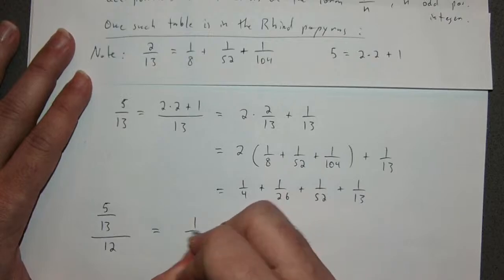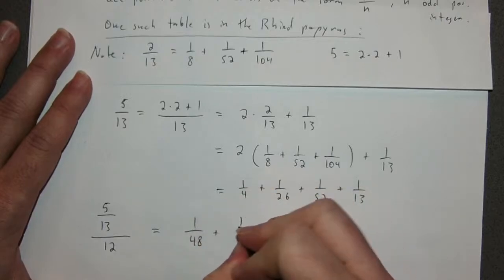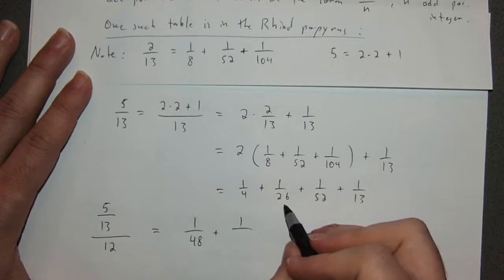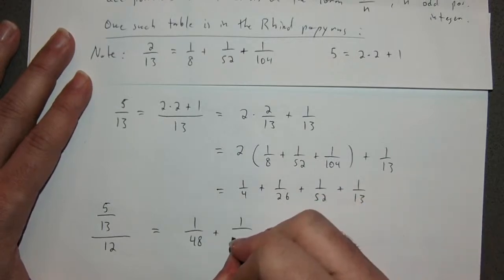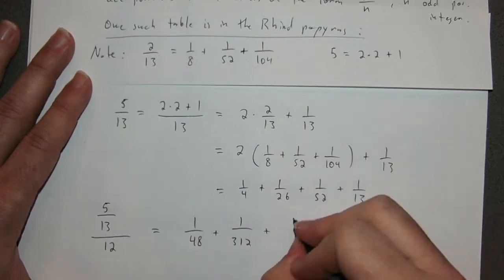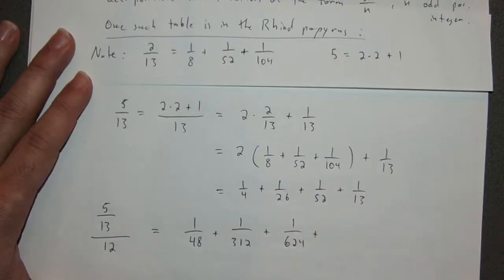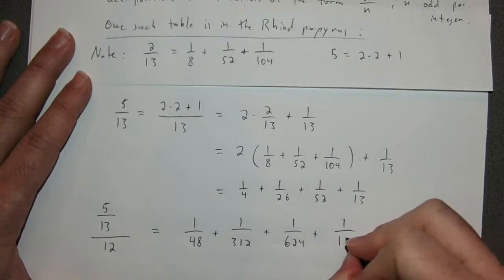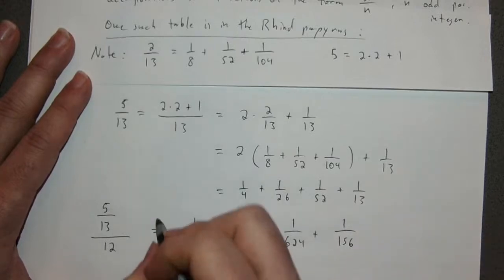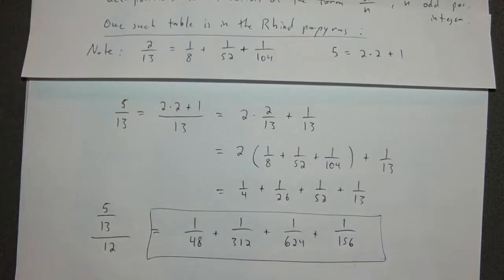So this would be 1 over 48 plus 1 over, dividing by 12, 12 times 26, that's 312, plus 12 times 52 is 624, so this is 1 over 624, plus 12 times 13 is 156, so it's 1 over 156. And this is how the Egyptians would have handled dividing the fraction 5/13 by 12.